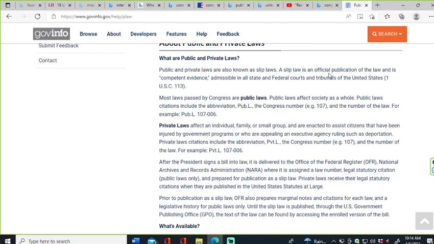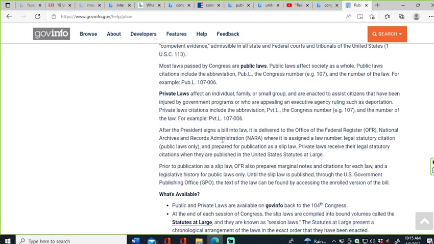A slip law, the official publication of law, is competent evidence and admissible in all state and federal courts and tribunals of the United States under 1 USC. Private law affects an individual, family, or small group, and is enacted to assist citizens who have been injured by government programs or who are appealing an executive agency rule such as deportation.